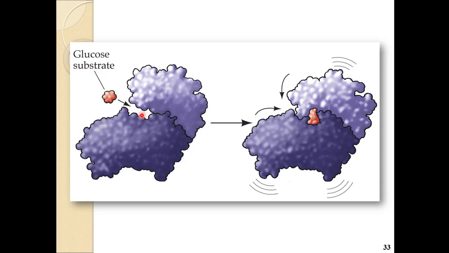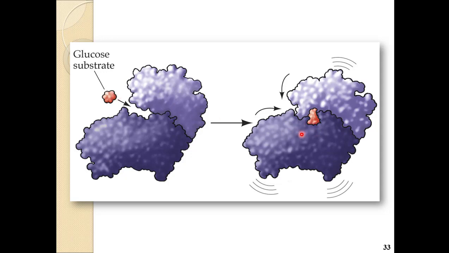You could also call it a ligand. Once this glucose enters into this active site, you can see it causes kind of a crunch or a change in shape of the enzyme. And when the enzyme changes shape, it also squeezes on the substrate and causes the substrate to become a different molecule.